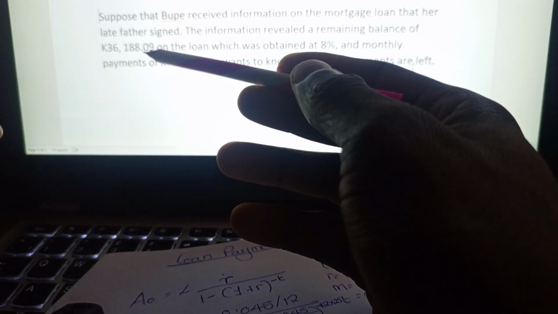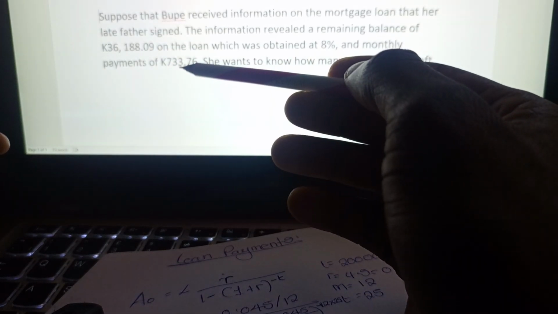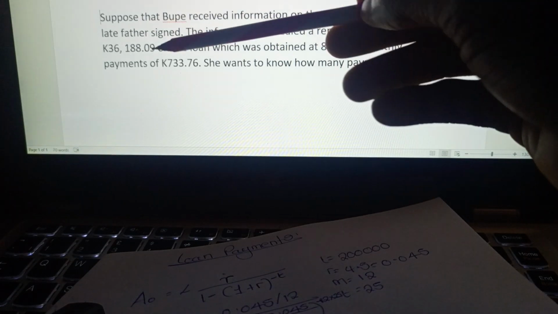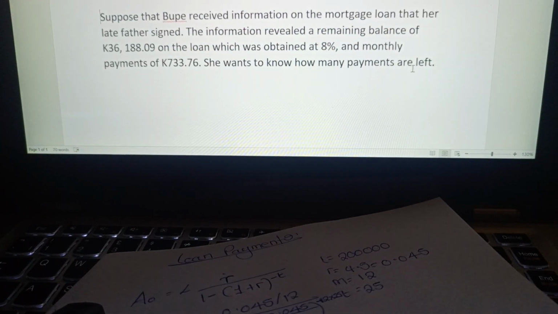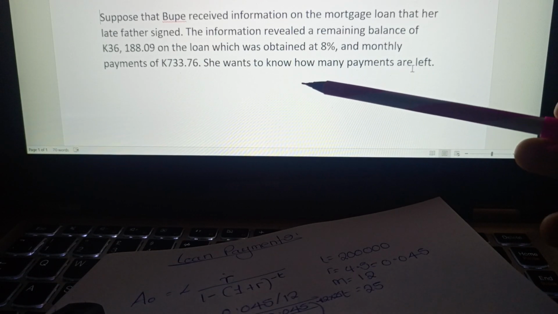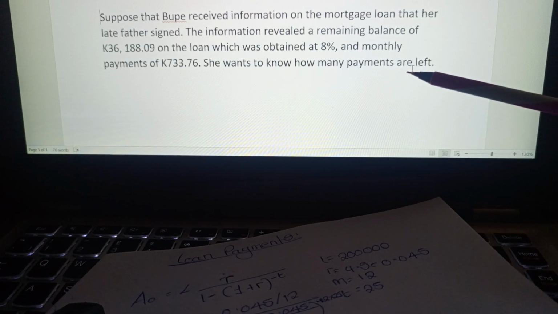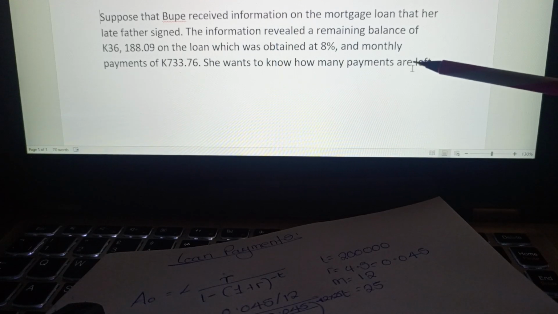So this, in short, is the loan, while these are the payments that are supposed to be made in order to mitigate this. So we just replace now in our formula. Remember, she wants to know how many payments are left. So in total here, we are calculating the time.